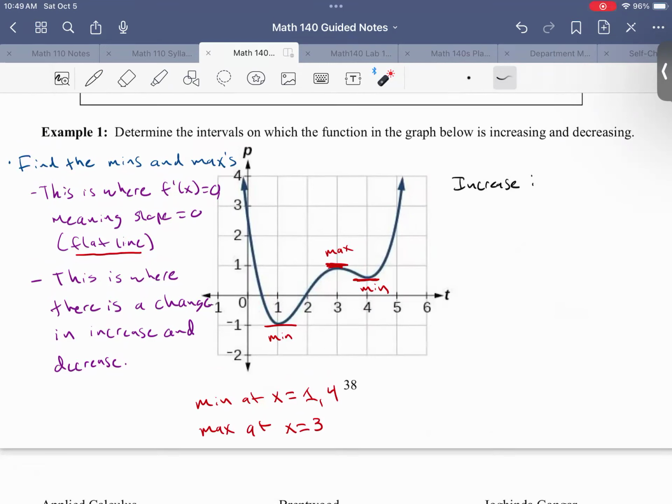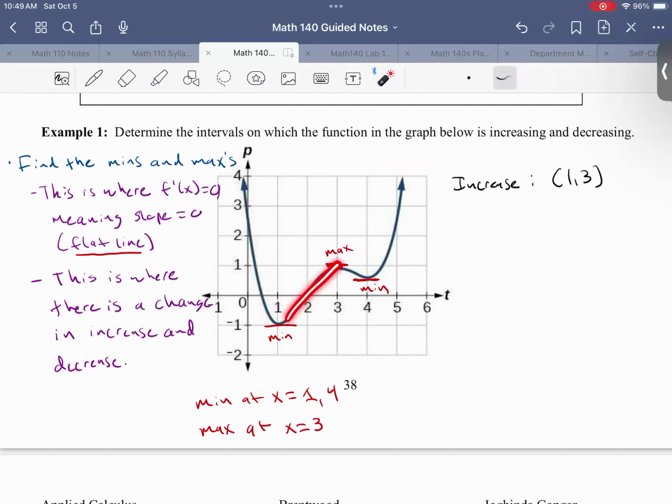increasing is when we are going up, right? So if I look at the graph, I'm not going up here. I'm actually going down here, reading it left to right. So when I'm going up is from 1 to 3. I'm going up that hill right there. So increasing on that interval, 1 to 3. Where else am I increasing, right? I'm not increasing here. I'm decreasing there.